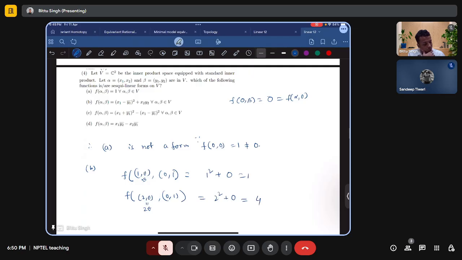So this is not the same as 2 times the previous one. So it does not satisfy the linearity property in the first component. So B is also not true. B is false. Now what about C?